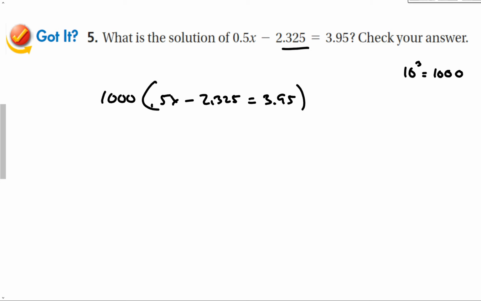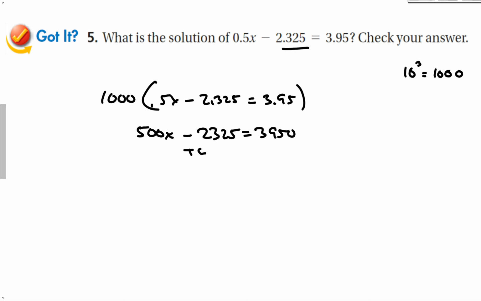Unfortunately, this is not going to make the equation too much easier to solve by hand. We're going to get 500x minus 2325 is equal to 3950. When I multiply things by 1,000, I move the decimal point 3 times to the right.